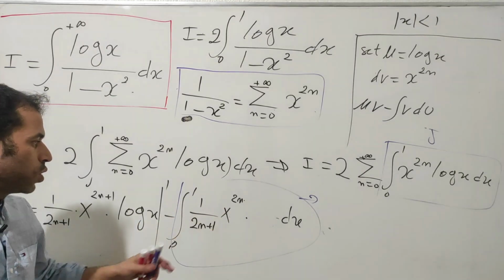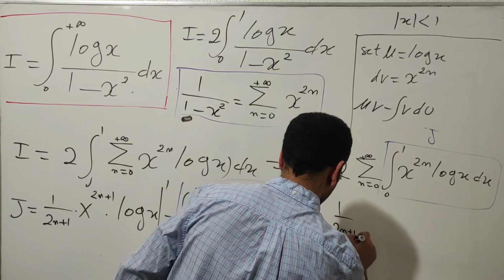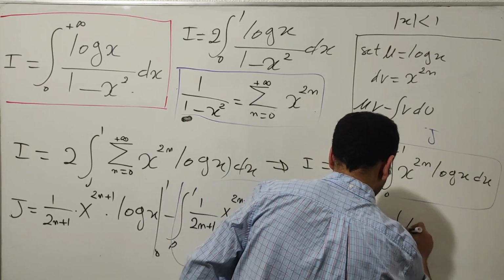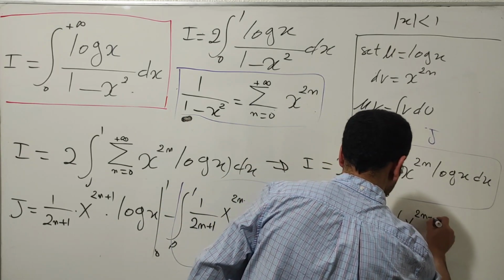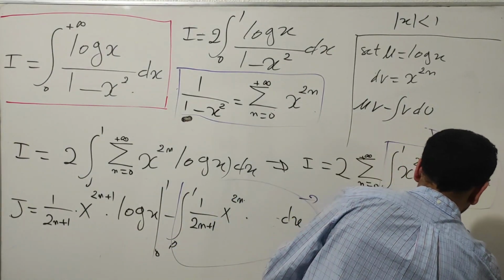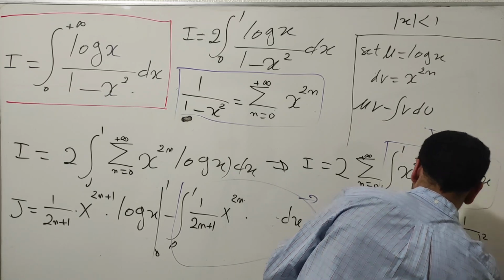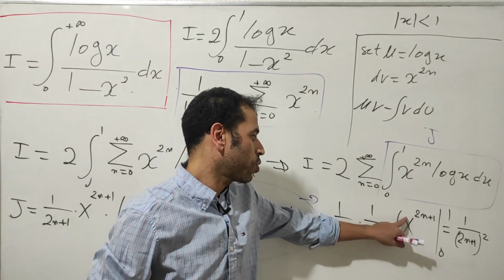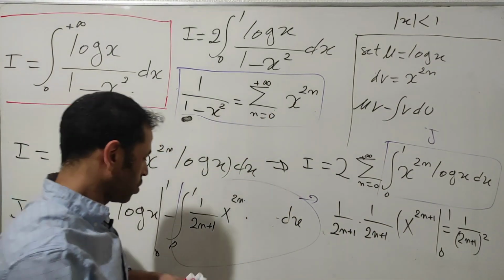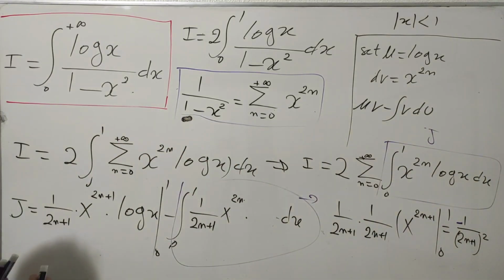What I'm going to end with is 1 over 2n plus 1 multiplied by 1 over 2n plus 1 of x to the 2n plus 1 evaluated from 0 to 1, which is going to be 1 over 2n plus 1 squared, because this one will be 1 and 0 will be 0. Don't forget the minus sign.